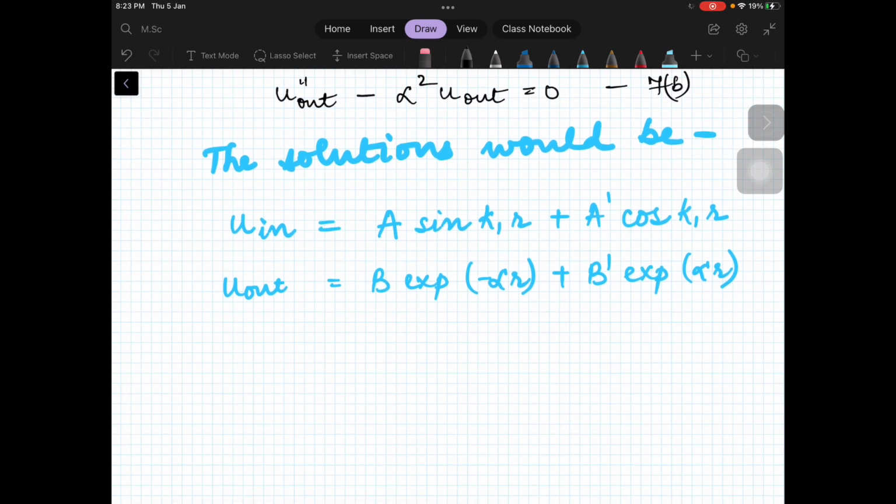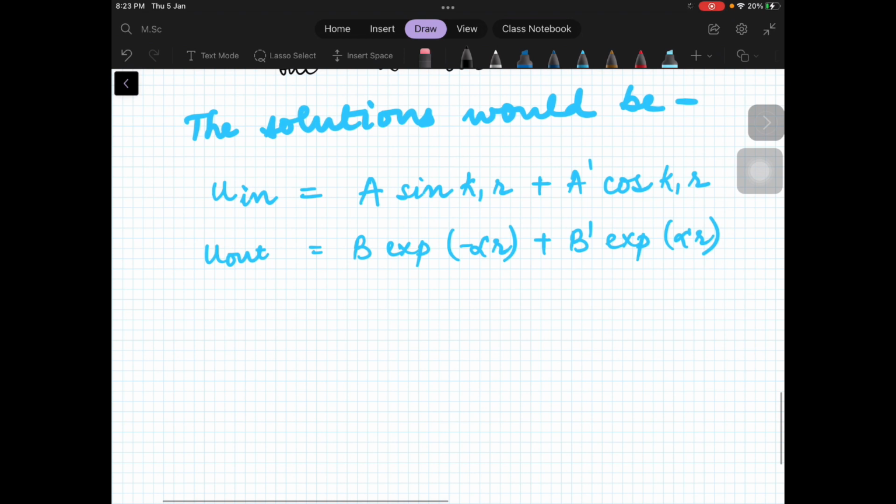Okay, so these are the solutions. Now we all know that u in and u out are nothing but the wave functions. So whatever conditions apply to the wave functions, that it should be finite everywhere, it should be continuous, it should be square integrable, all are applicable to u in and u out respectively. So first condition that we use is at r is equal to 0, u is also equal to 0.